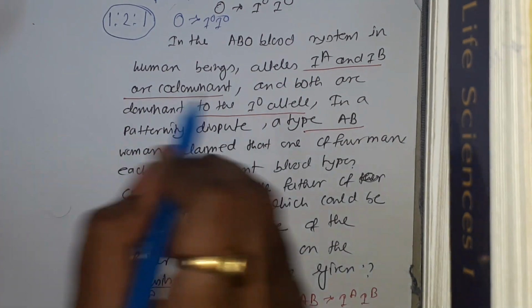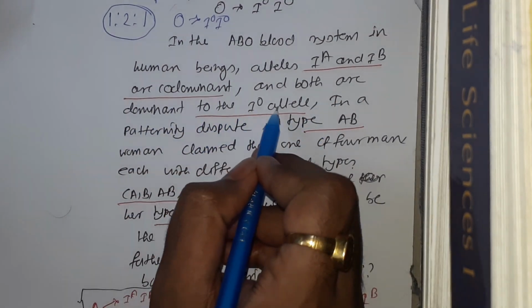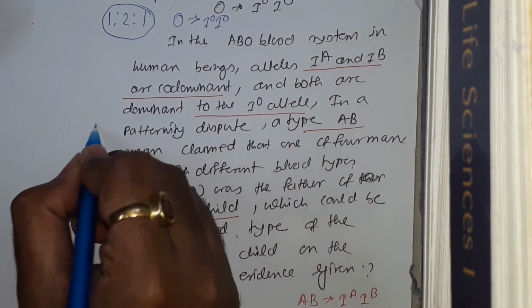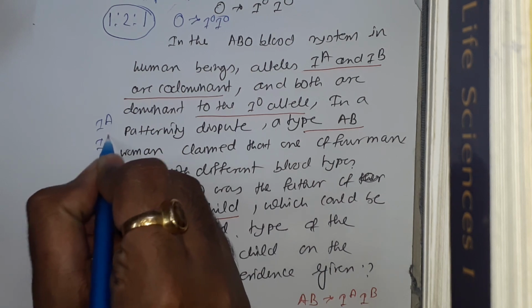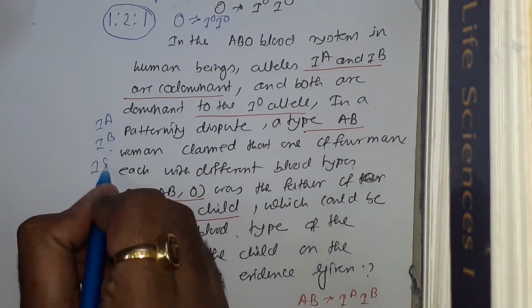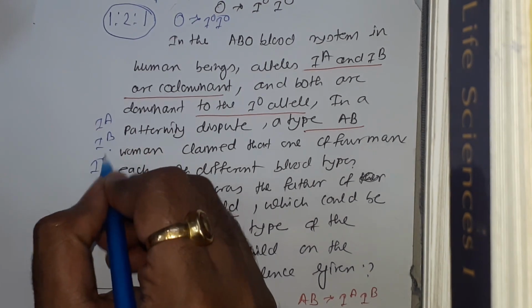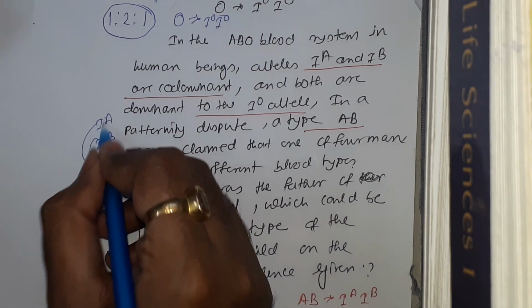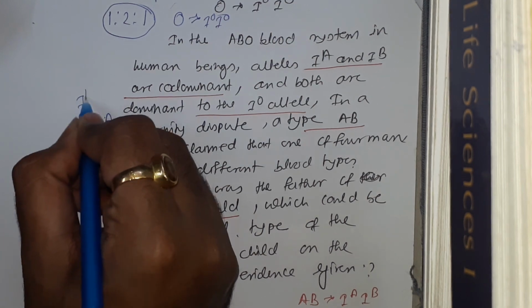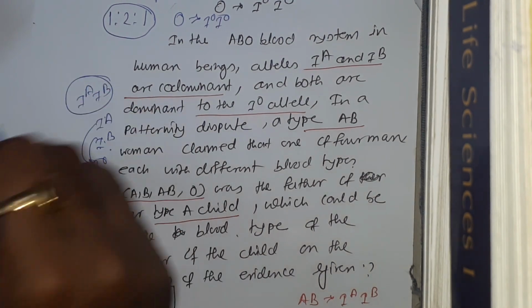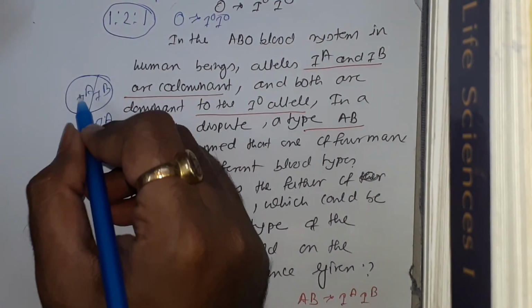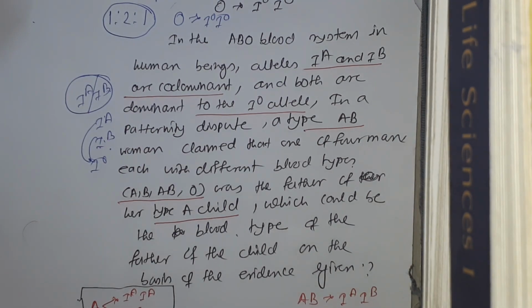And both are dominant to the IO allele. That is exactly what I have told you, that IA and IB are codominant and IO is recessive. That means expression of IO will be masked by these two, but when these two are present together, then expression will be intermediate. Both the expressions of the alleles will be observed.